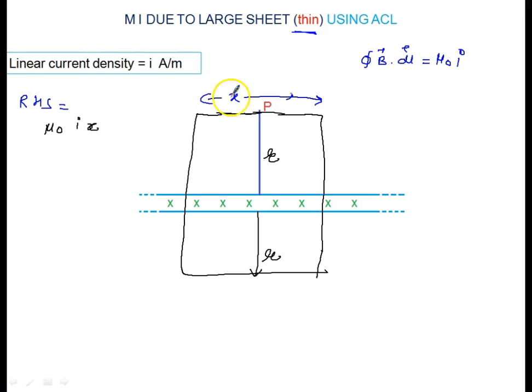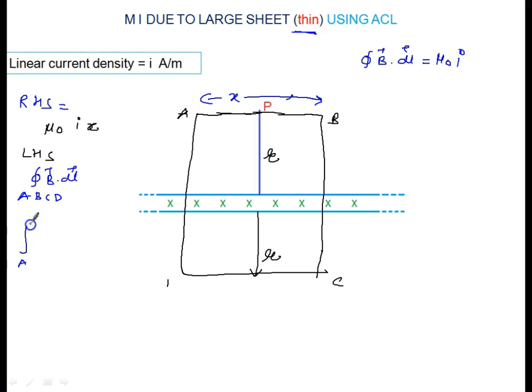Okay. Now we have to integrate this closed line ABCD. So we will integrate the left hand side part. Let us write the LHS part also. What will I write? Integration B dot dl in the region ABCD. So we will write separately, just as we have written earlier.